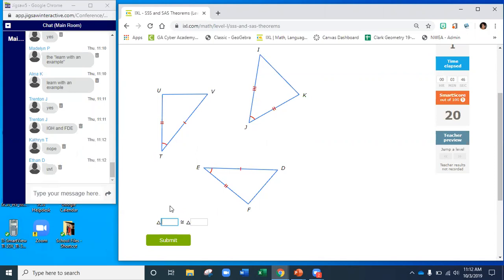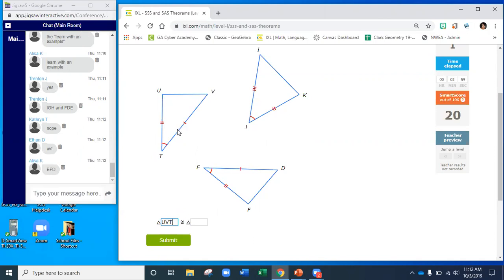All right. So UVT, okay? So we think that UVT is congruent to which other triangle? This one down here, right?